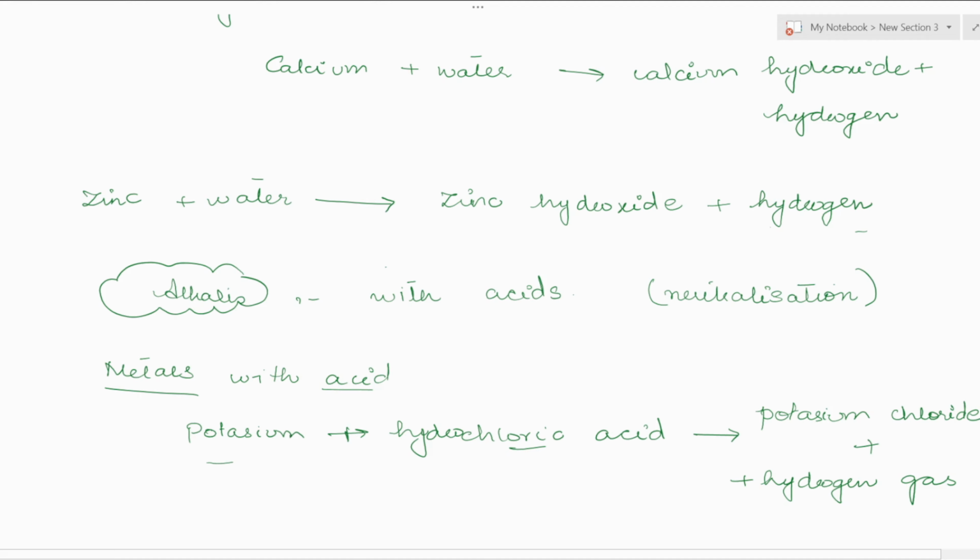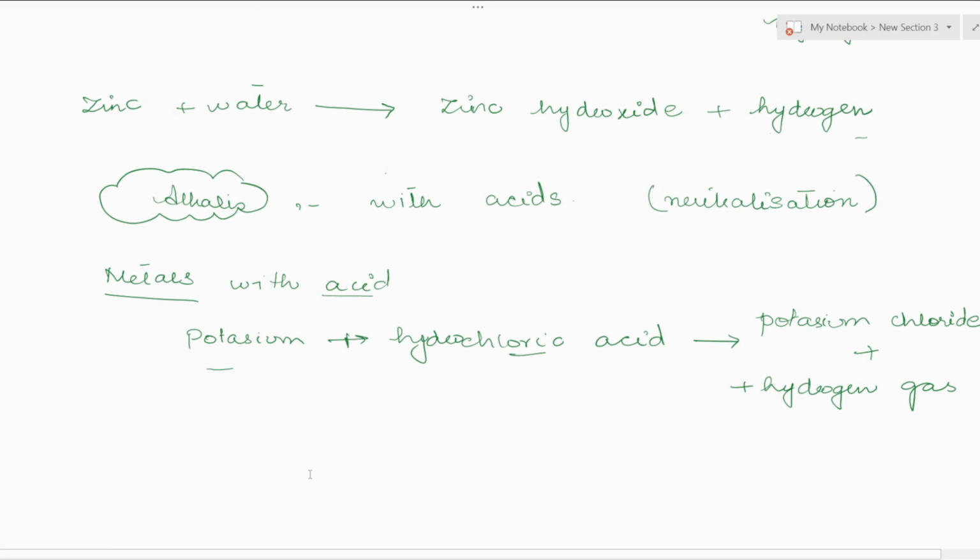If it's sodium, sodium plus hydrochloric acid gives sodium chloride plus hydrogen. Correct. If it's calcium, correct. Now I'm giving you another acid. If it's sulfuric acid, good: calcium sulfate and hydrogen gas.